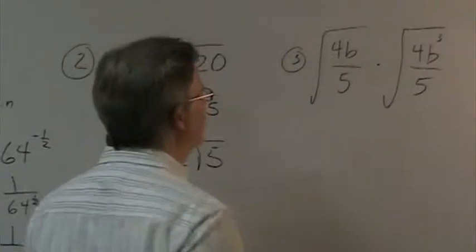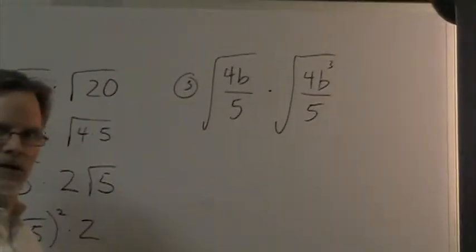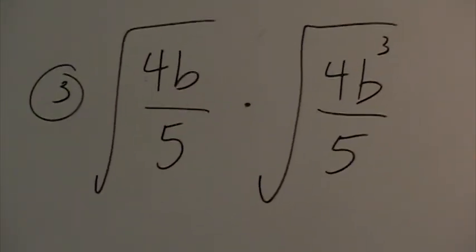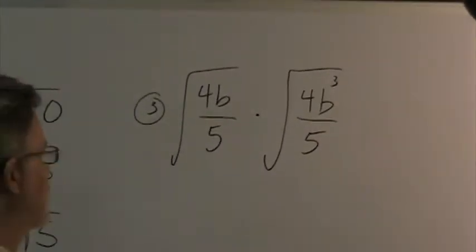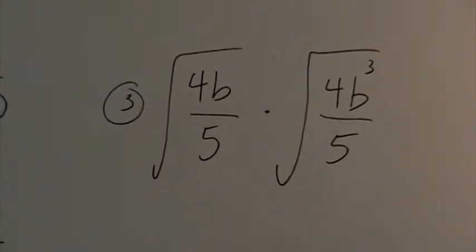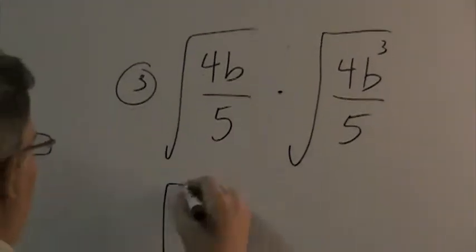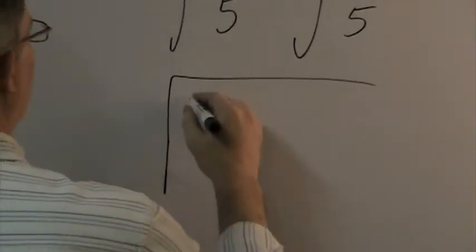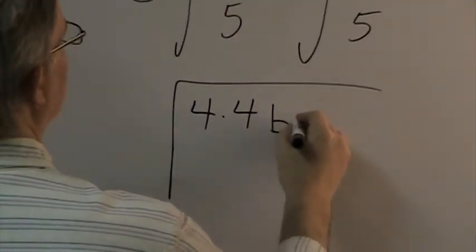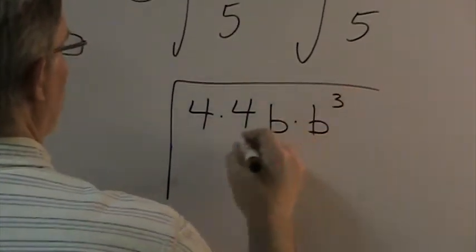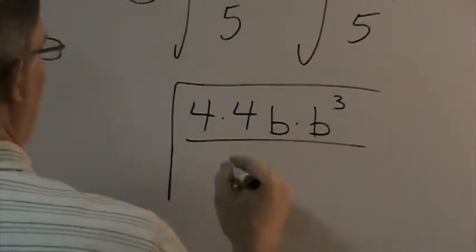Well, looking at the third problem, these are both square roots, so we can combine the roots. And we're going to use our handy-dandy rules that we learned in section 7.2 for exponents. So writing this all under one radical, we have 4 times 4, b times b cubed, all of that over 5 times 5.